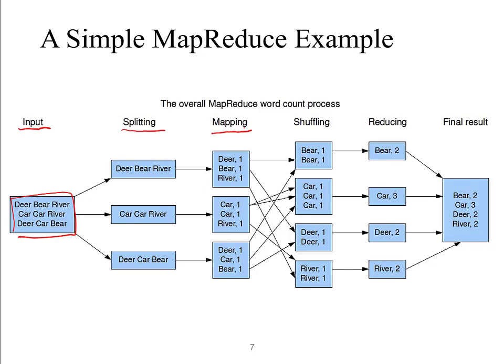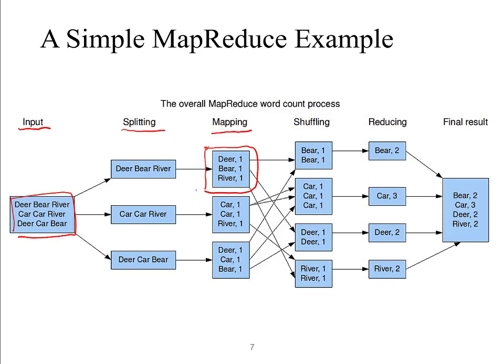Now for mapping, in mapping, each split is fed to a mapper. So this is a mapper here, right? The mapper is a map function containing the logic on how to process the input data.